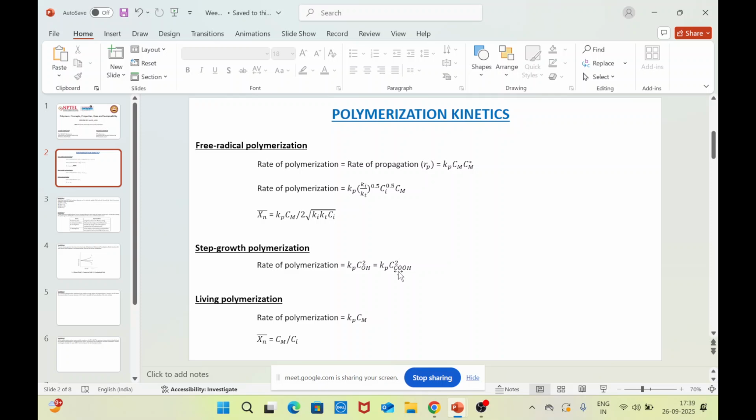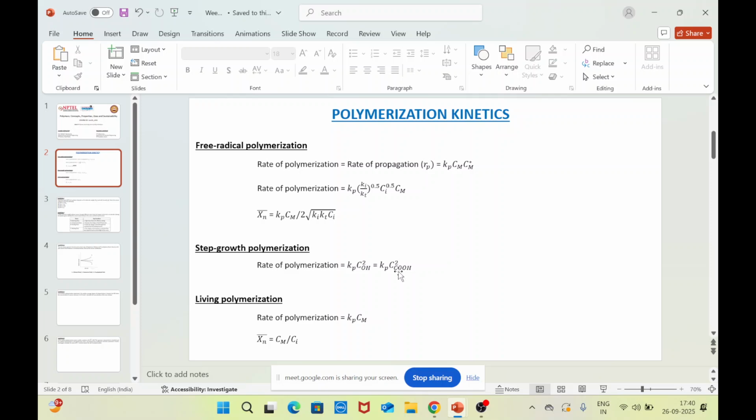This living polymerization is typically ionic in nature, and since no initiators are added and only the active centers are present, the rate of polymerization typically depends only upon the concentration of the monomer.